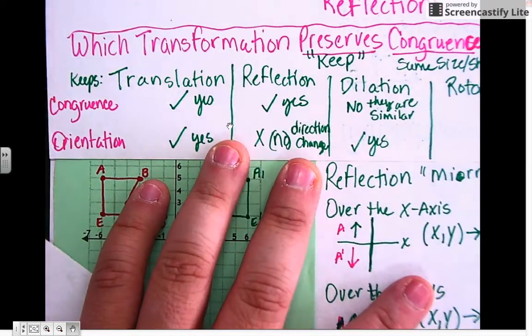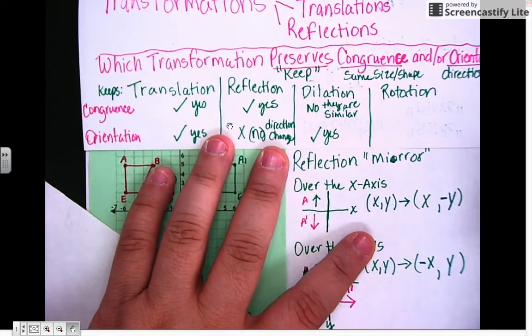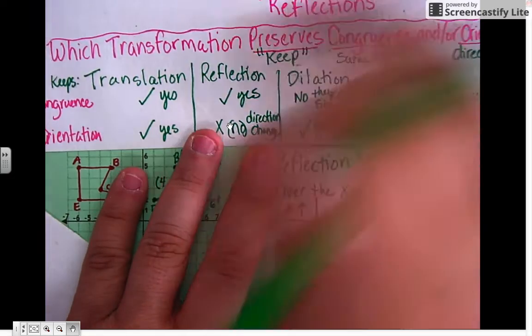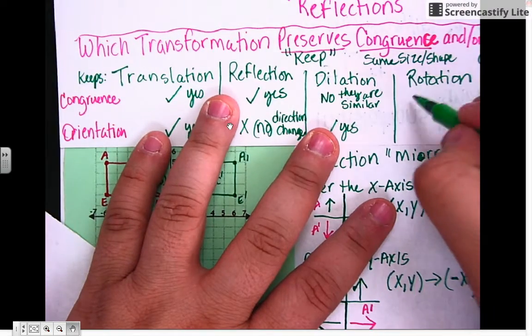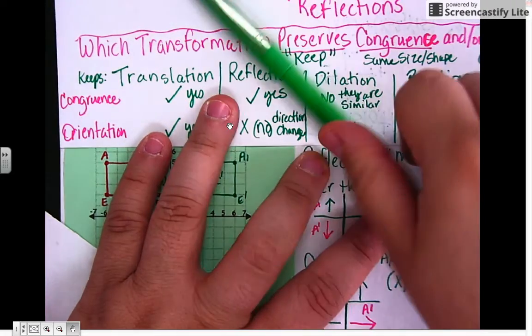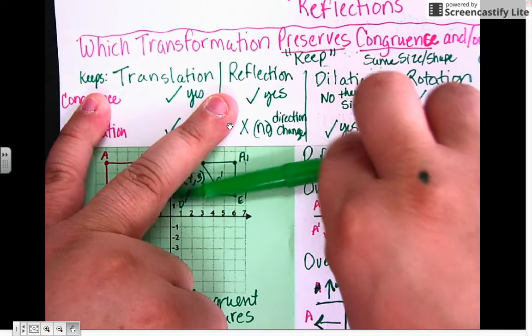And now we're on to the last one, which is rotation, and we haven't done it. Rotation is the turning part of it. All it does is turn an object. So will it maintain congruence? Yes, it will maintain congruence. All it is going to do is turn it. For example, if I have a pen and I turn the pen, no matter how I turn it, it's still the same pen.